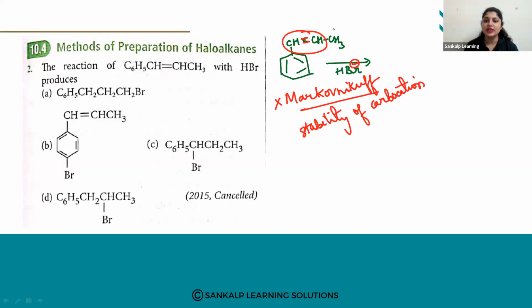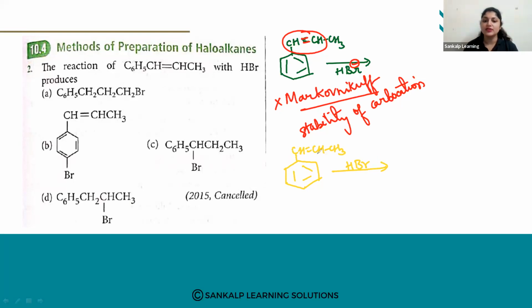So we'll see now how to find the stability of the carbocation here. First the attack takes place. I'll show you here. So that is CH=CH3 in the presence of HBr. First, the hydrogen will attack.